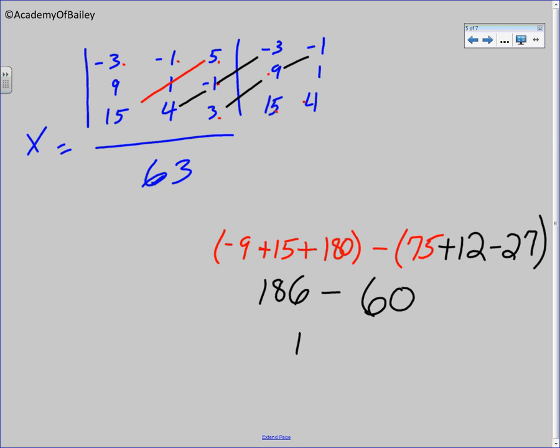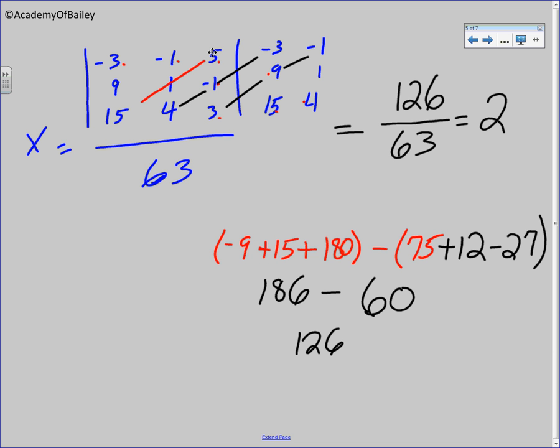And 186 minus 60 is 126. So now on top of the fraction, the determinant of that matrix was 126. On bottom, we know the determinant of A is 63. So therefore, the x value is 2. The x value is 2. All right, so there we go.